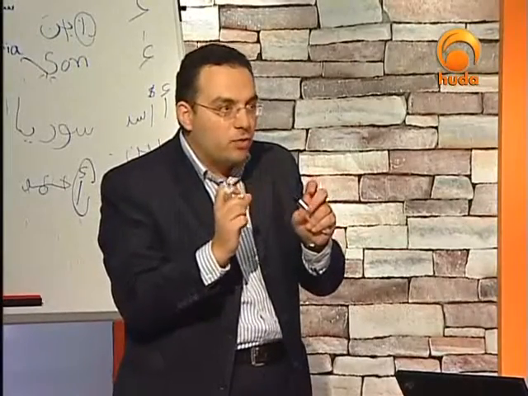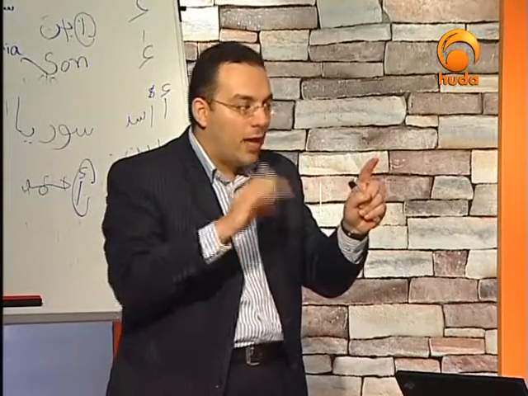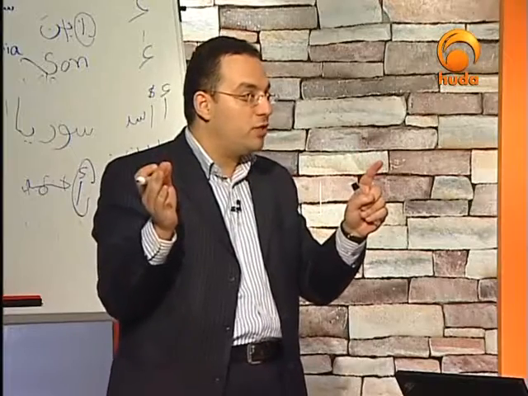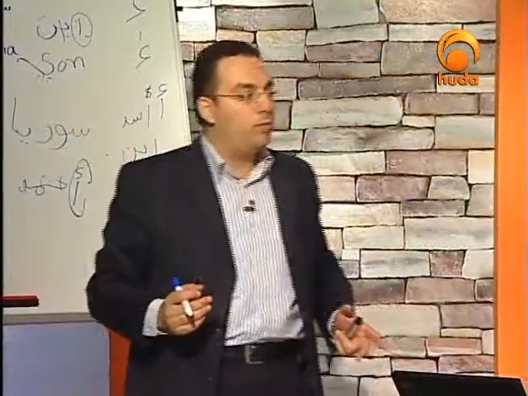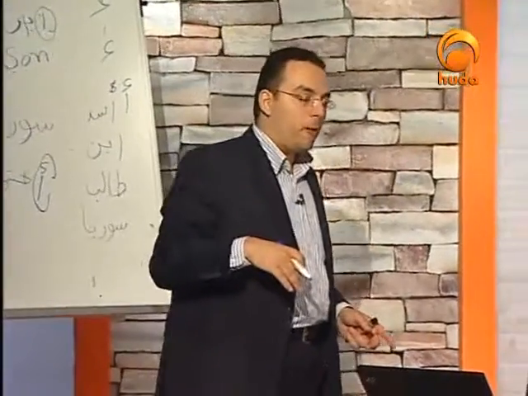Do we have a difference between A with Hamza and A without Hamza when it comes to pronunciation? I think yes, we have. When you say A with a Hamza, there is much effort, and a stoppage happens first.